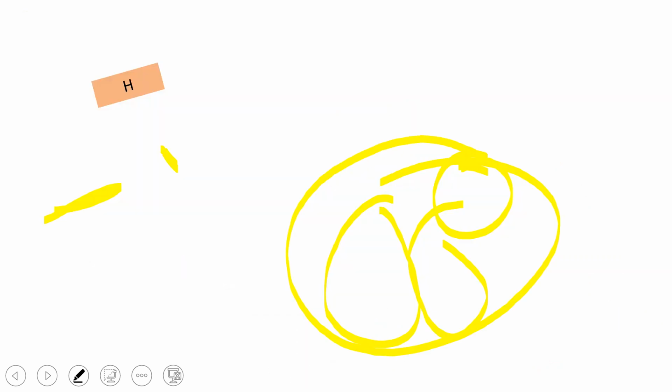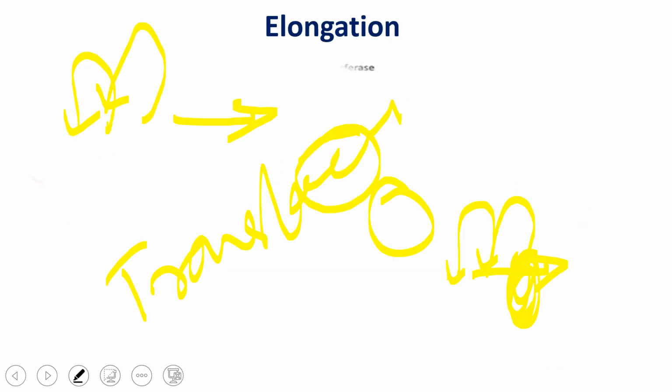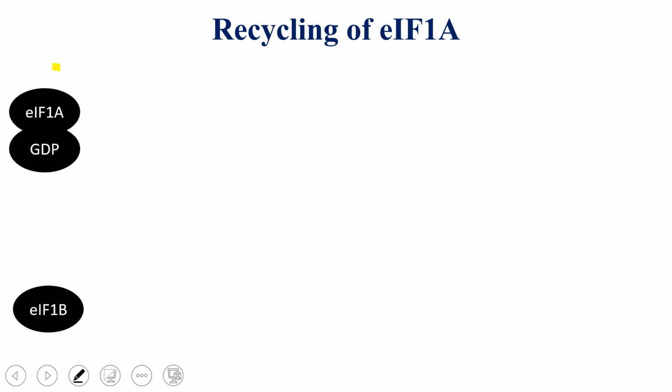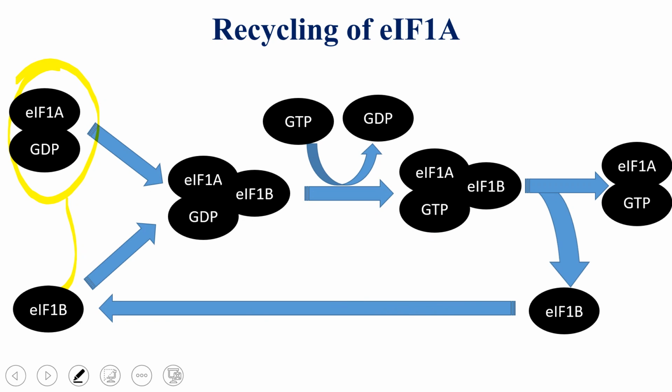So this needs to be activated, and the activation will be similar to how we activated that initiating factor, like this one. This 1A GDP will be activated with the help of 1B. Sorry, there it was 2B. Here it is 1B, and the reaction is almost the same.